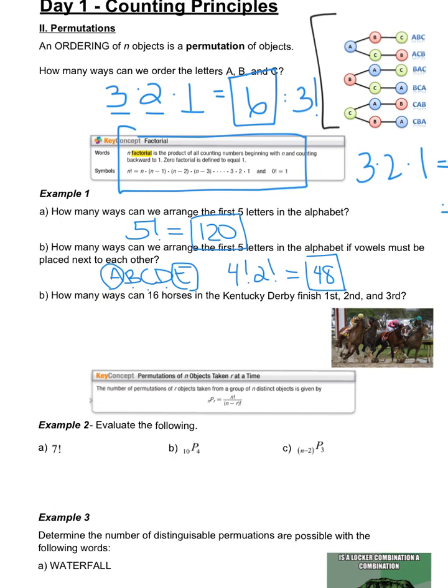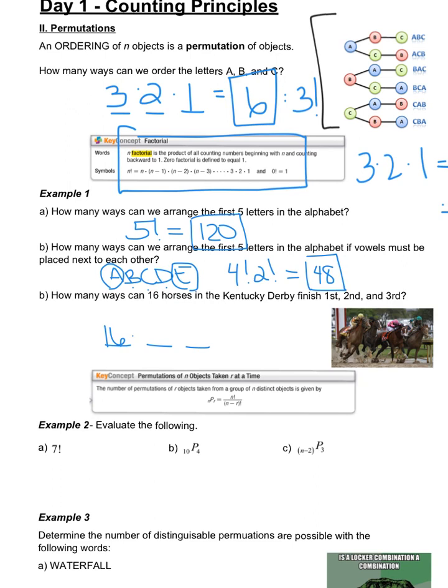There's a restriction there that's going to limit the total number of outcomes. All right, very similar, looking at part B. How many ways can 16 horses in the Kentucky Derby finish first, second, and third? Well, this time we're not looking at all the objects, we're only looking at the first 3 positions. 16 horses have the option to finish in first place.